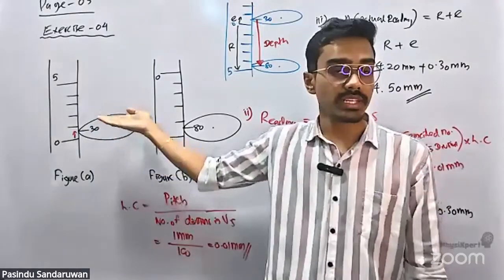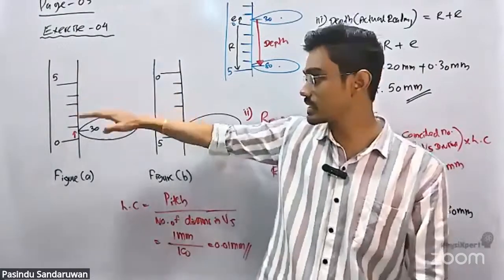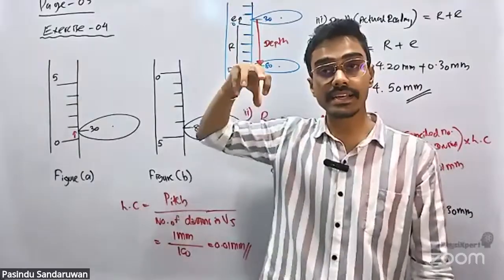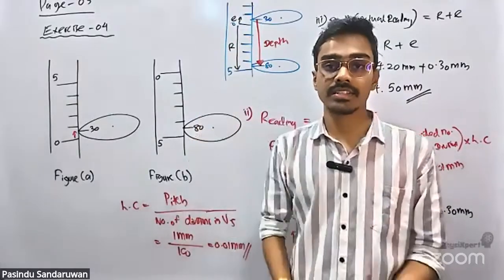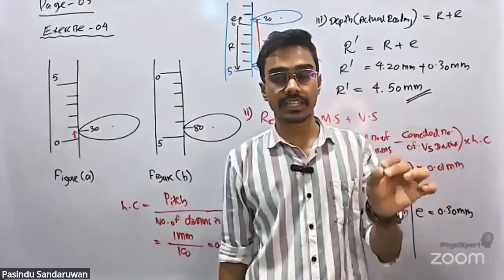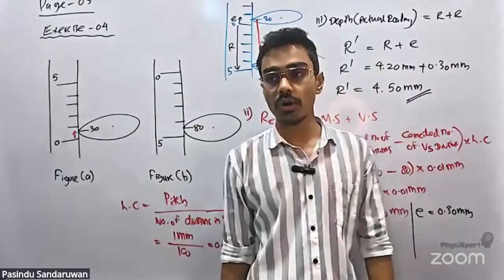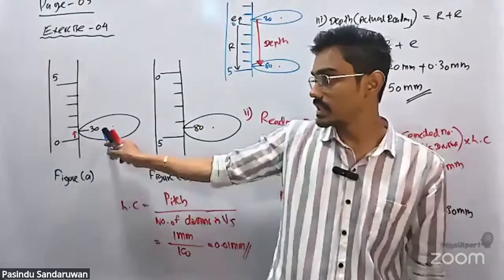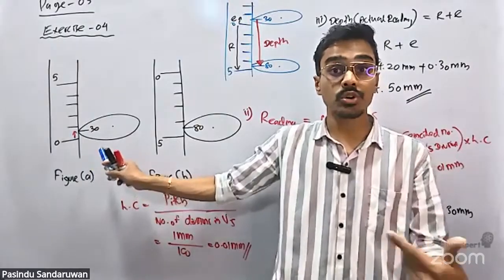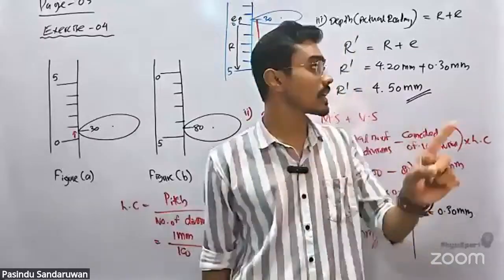But using the same instrument, if you measure a thickness, it starts from here and goes upwards, so it acts as a positive error. Moving downwards, you read a shorter reading, so this acts as a negative error and a positive correction should be done.